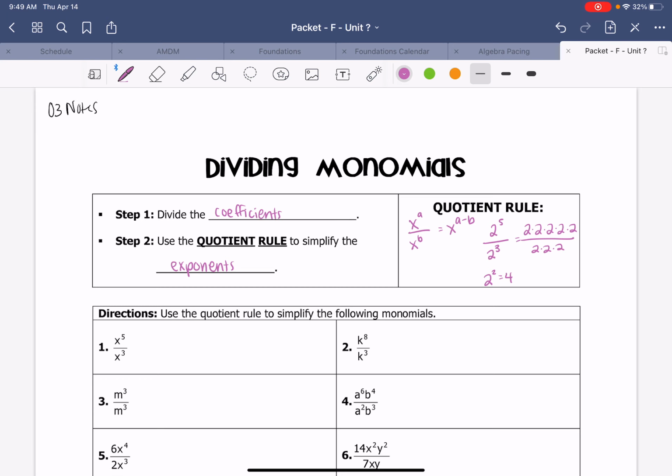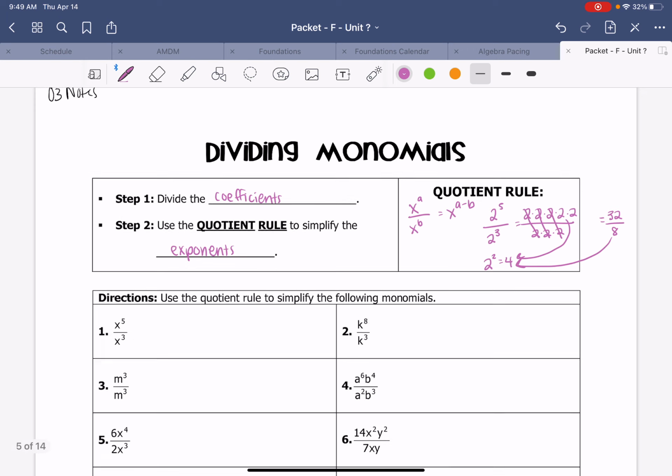So 2 times 2 is 4, 8, 16, 32. That's like having 32 divided by 8, which I know is 4. But also 2 over 2 cancels, 2 over 2 cancels, 2 over 2 cancels. 2 times 2 is still 4. So that's kind of why the quotient rule exists.